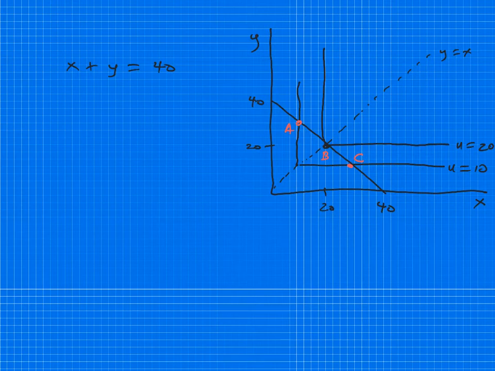So let's stop and think about what exactly it is that's happening at either bundle A or bundle C. Now you'll notice at bundle A, I've got 10 units of good X, in other words 10 cups of coffee, but I have a lot of additional scones. So I have, looks like somewhere in the neighborhood of 30 scones to go with my 10 cups of coffee.